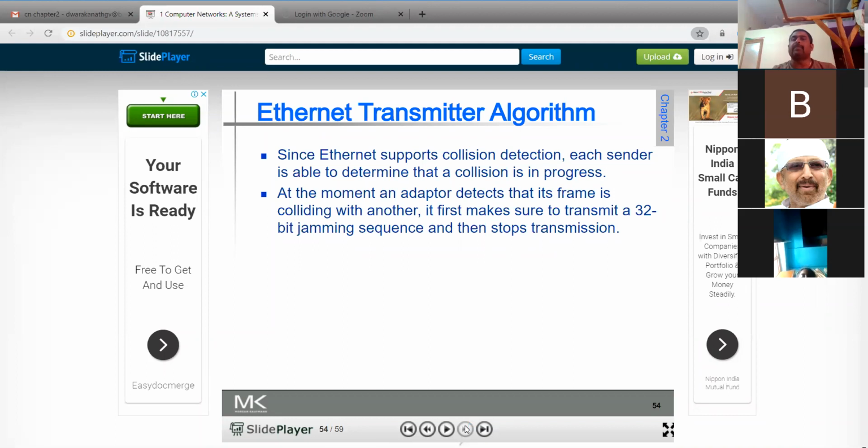Those are dummy bits. Again, if a collision occurs, it will think the line is busy, so it will wait for another quantum of time. Then it stops transmission of its frames until the line becomes free. Afterwards it will transmit the frame.